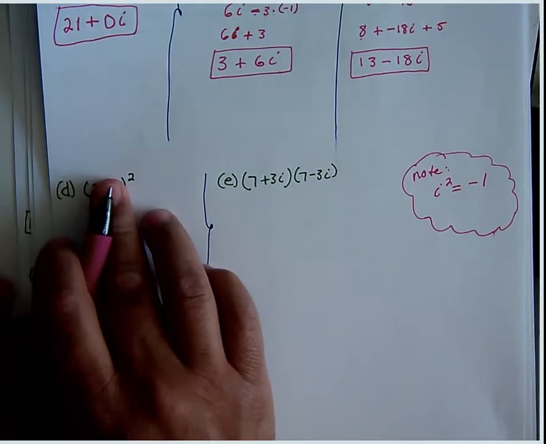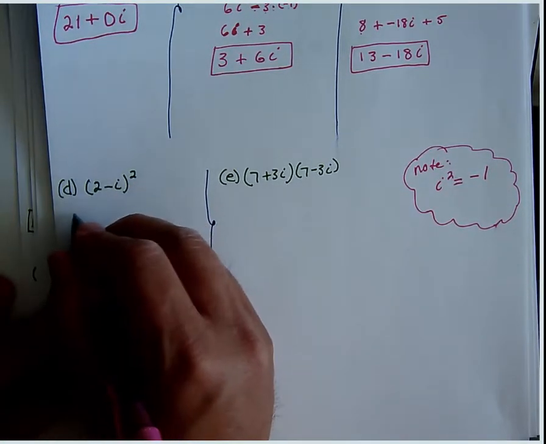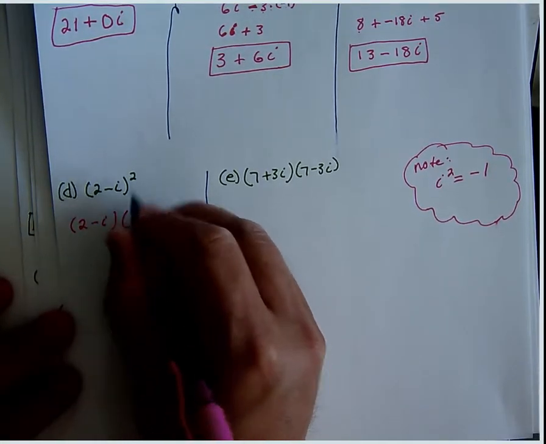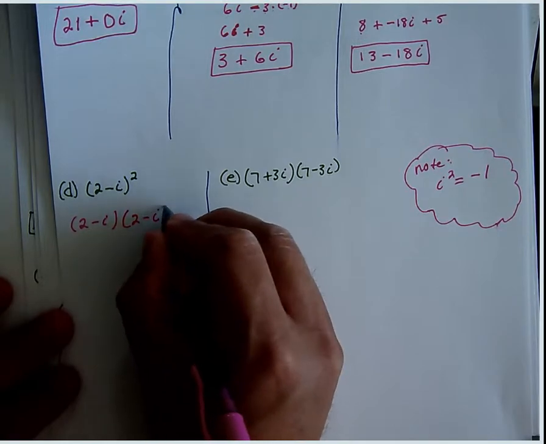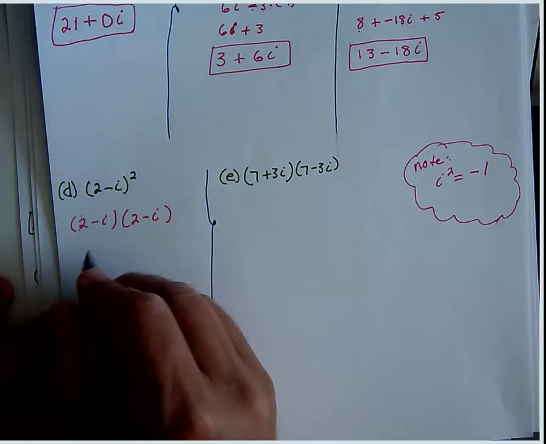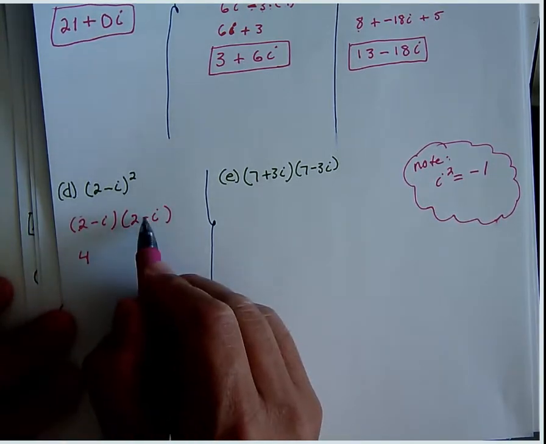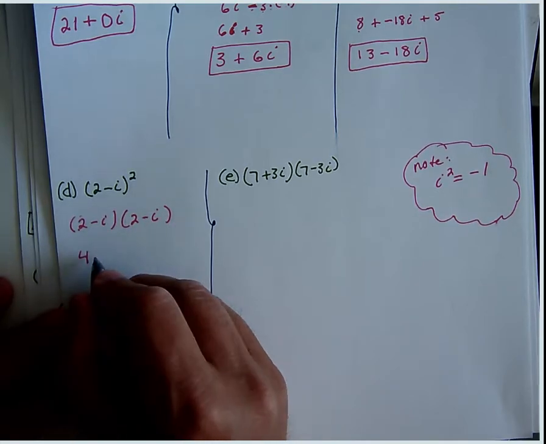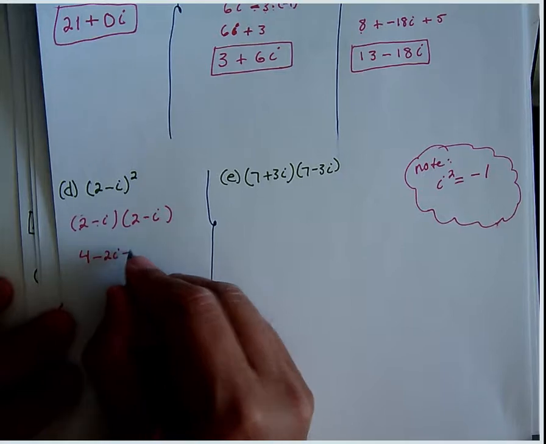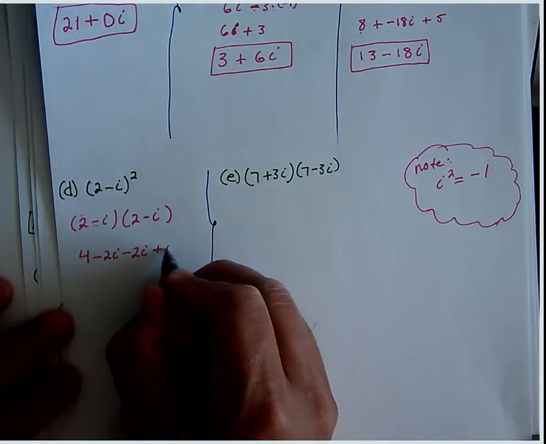When you get this, all you have to do is multiply the base twice. This number tells you how many times to multiply the base, and then you do the FOIL. 2 times 2, 4. I'm going to skip steps. So 2 times negative i would be negative 2i. Negative, positive, so negative again 2i. Negative, negative, positive i squared.